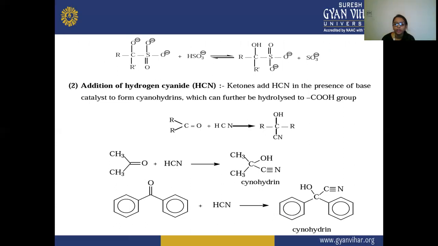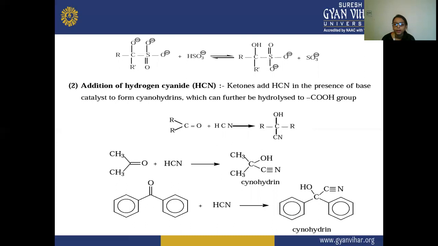Second is your addition of hydrogen cyanide. If hydrogen cyanide is added to your ketone, then what will be formed? The ketone reacts with HCN, that is your hydrogen cyanide, in the presence of a base catalyst to form cyanohydrin, which can further be hydrolyzed to a COOH group.